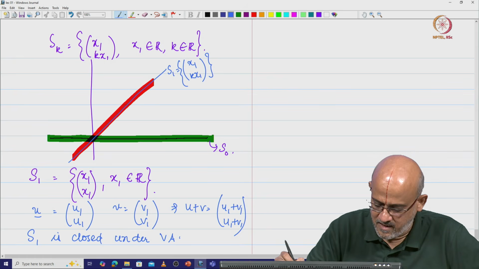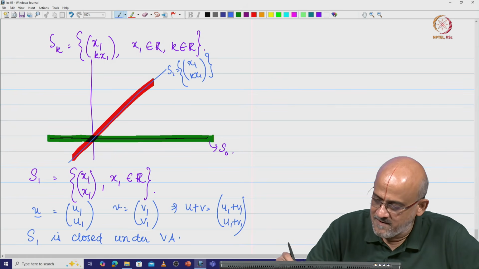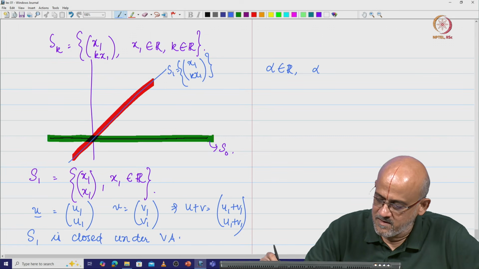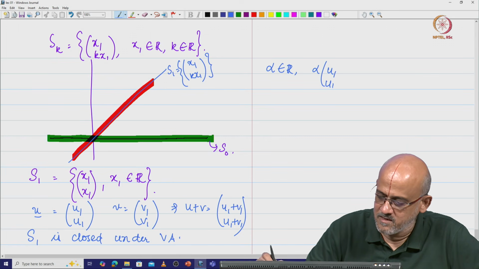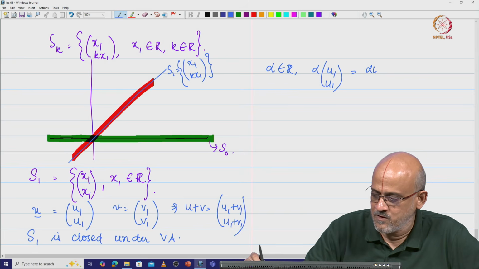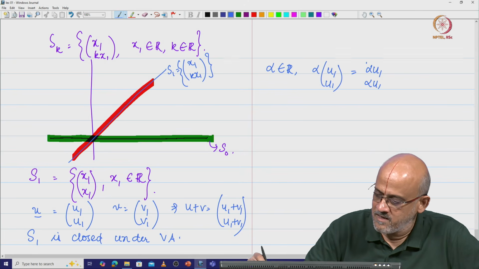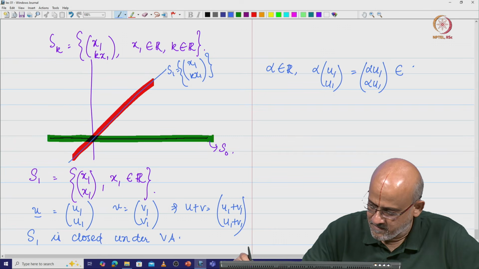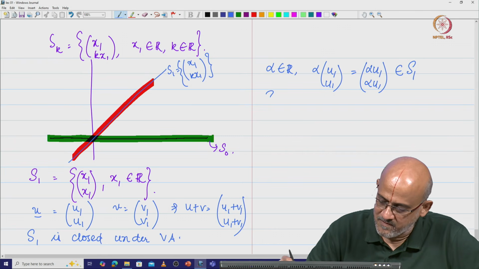We can also see that for some scalar alpha, we have alpha into u1 comma u1 equal to alpha u1 comma alpha u1, which implies the second component is the same as the first component. So, this is S1, therefore, S1 is closed.